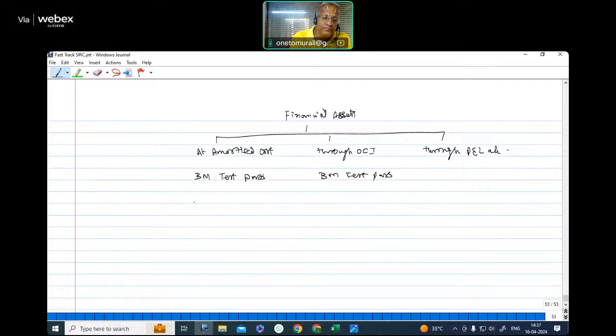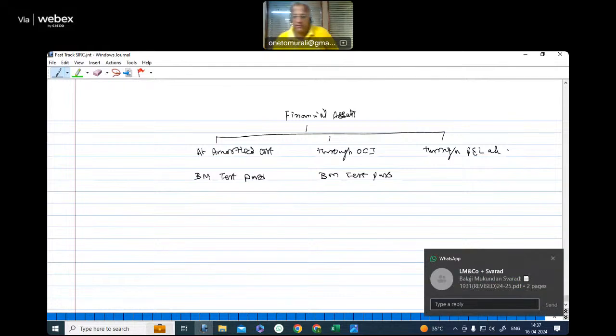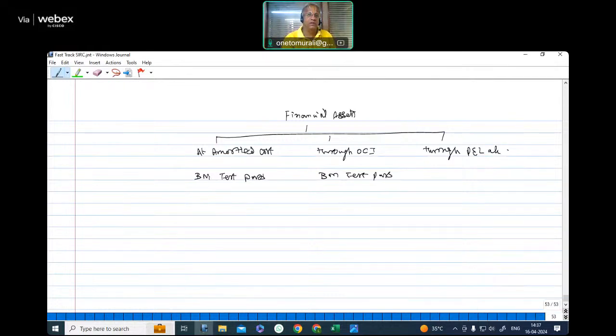Then we do have the collection principle, there is SPPI. What do you mean by SPPI? Solely for the purpose of principal and interest. SPPI.